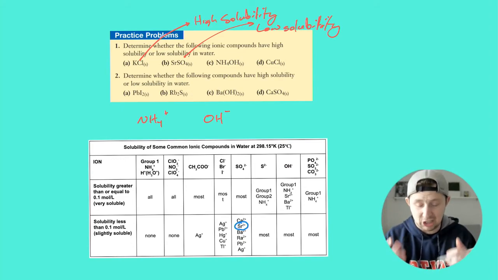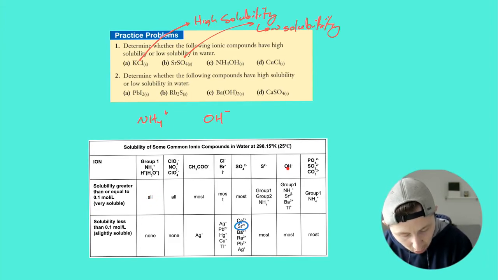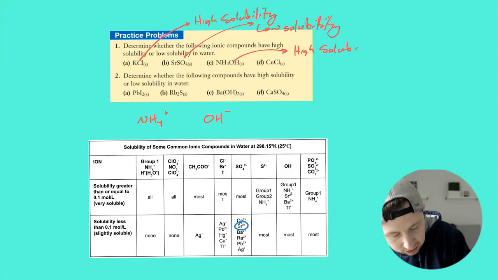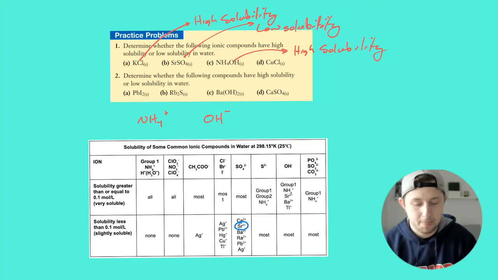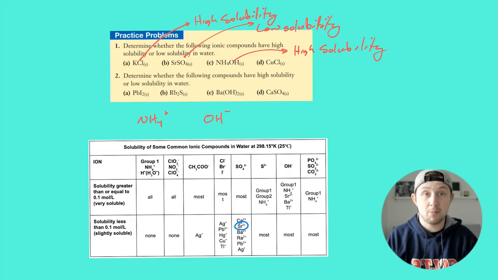So let's just see if they match up. We're going to go NH4 first. All of the ones with NH4 have a high solubility. Let's look at OH. OH, high solubility, look at it, matches. NH4 is right there as well. So we can say with a ton of confidence that this guy here has high solubility. All right? Let's do one more in this section and then we'll keep moving.